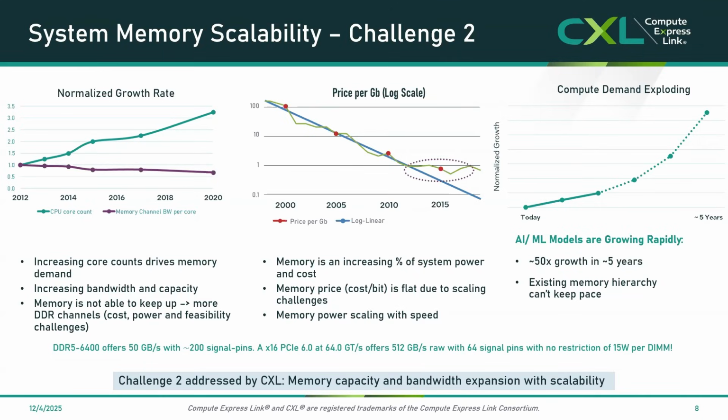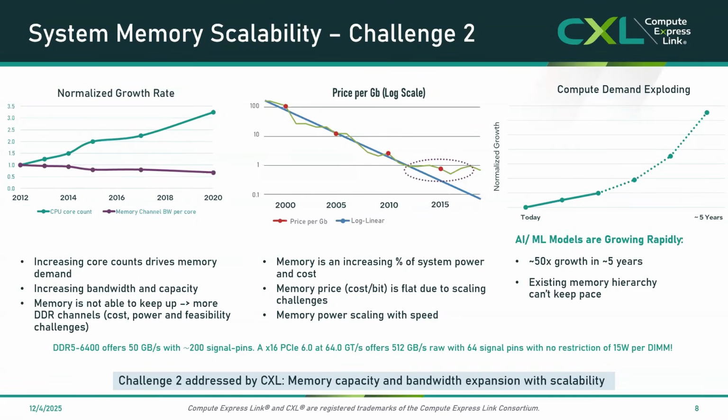So in principle, PCI Express pins are a great alternative, and that's what we will show, how we turn that principle to reality, because of the superior bandwidth on a per pin basis. Let me give you an example. If you have a x16 PCI Express 7.0, which runs at 128 gigatransfers per second, you need 64 signal pins. The raw bandwidth is 512 gigabytes per second.